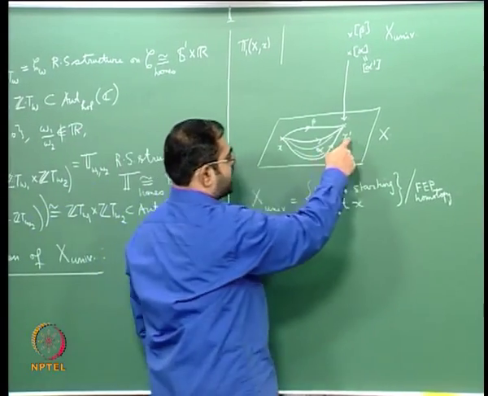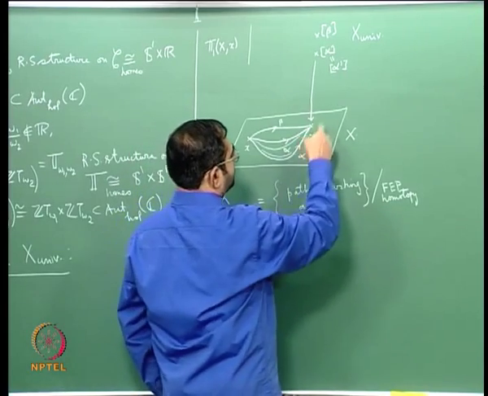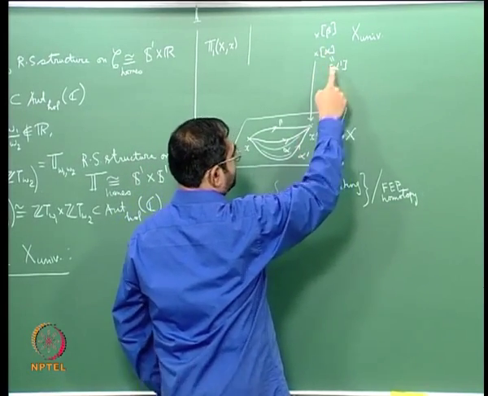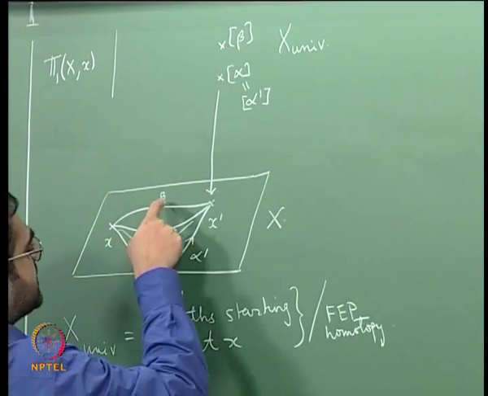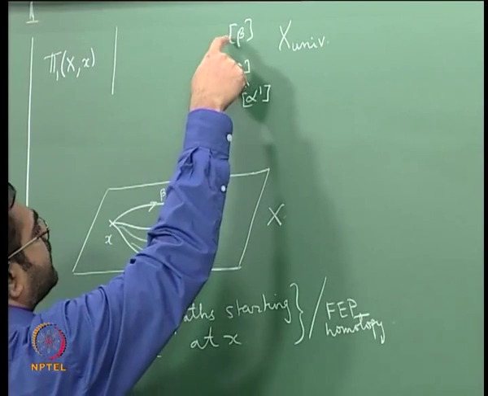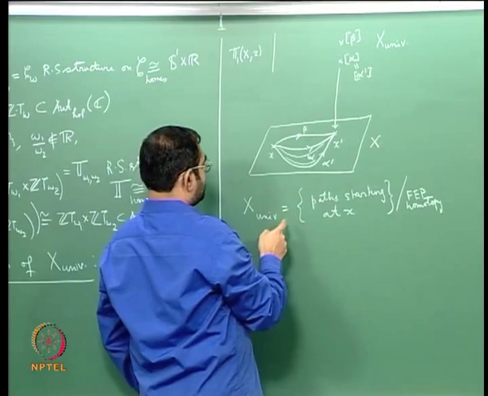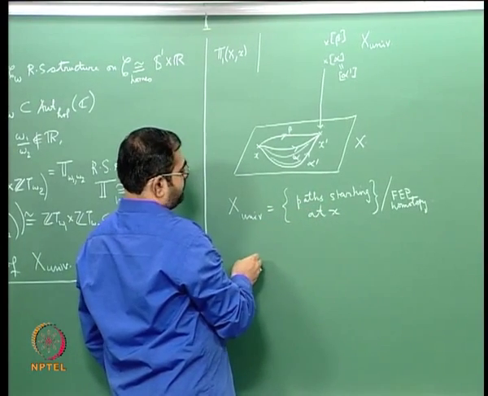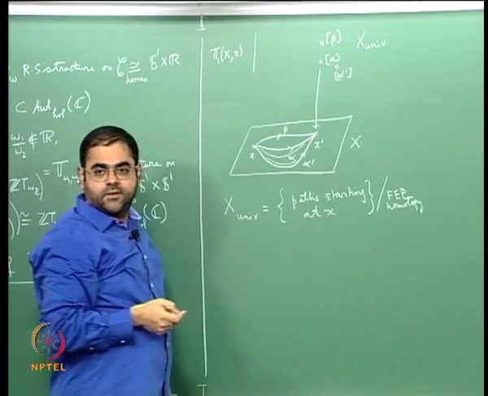And of course you know what x prime is. x prime is just alpha of 1, it will also be alpha prime of 1, it is the terminal point of alpha and alpha prime. And of course a beta which is not homotopic to alpha is going to give you a different point above. Okay, and so you can see that when x prime is x, I am going to simply get the fundamental group, a copy of the fundamental group above x.